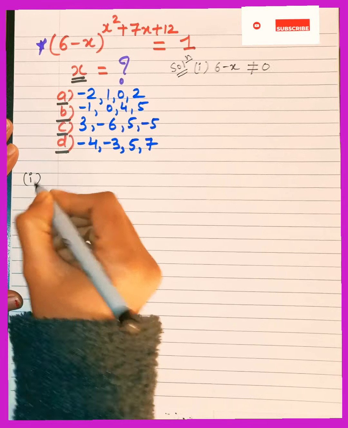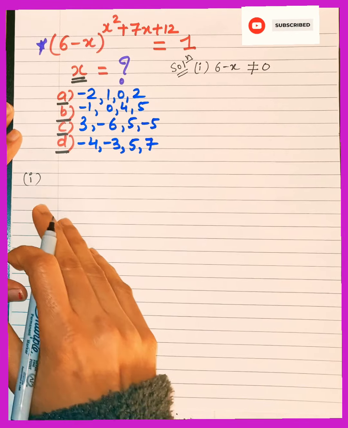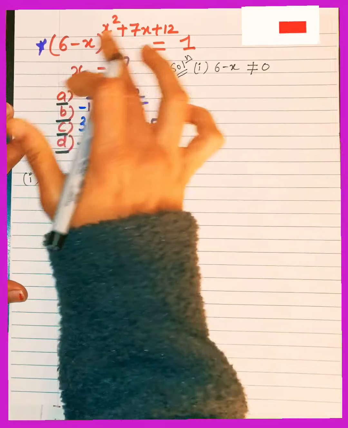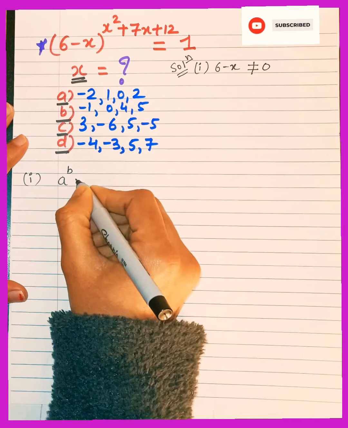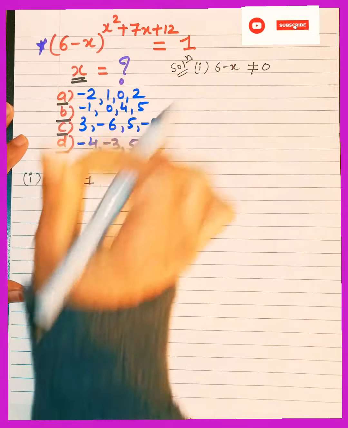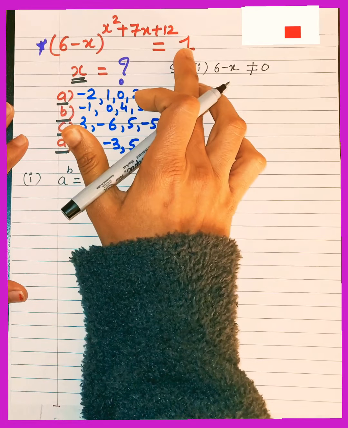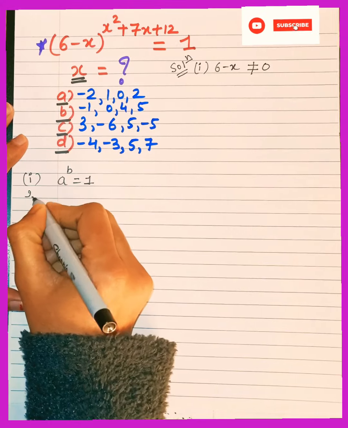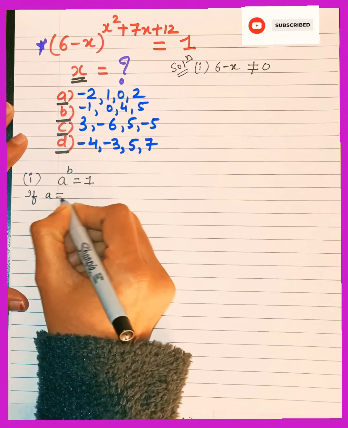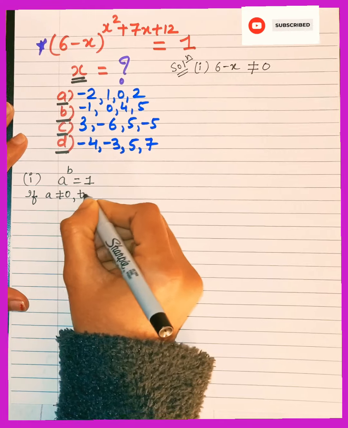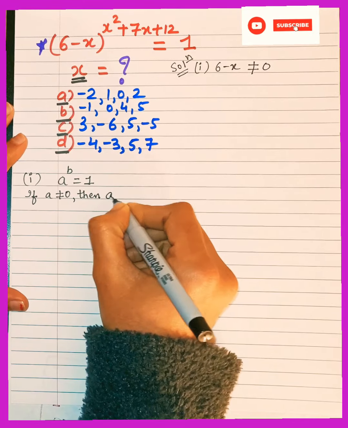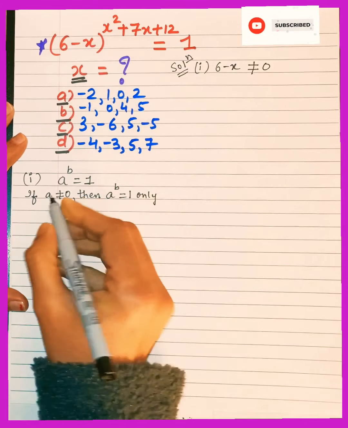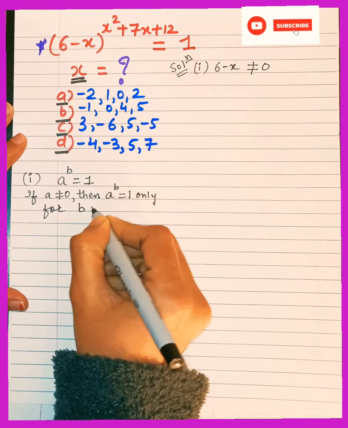Let us assume that this part, 6 minus x, is our A and this part is our B. So A raised to B equals 1, this is given to us. Now if A is not equal to 0, then you will get A raised to B equal to 1 only for B equal to 0.